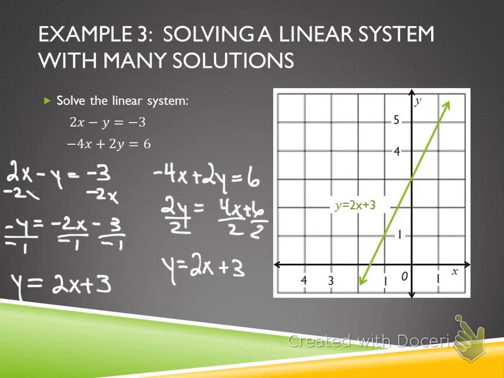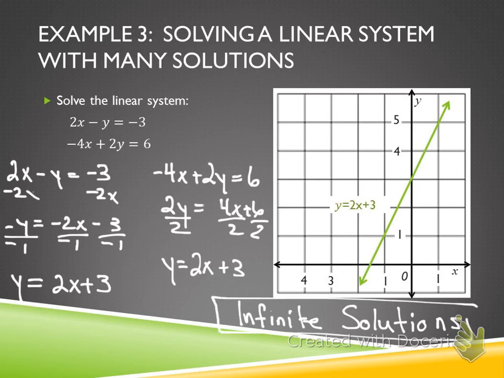So here's what this example is showing us. When I write my equations in slope-intercept form, and I have two equations that are exactly the same, I am going to have an infinite number of solutions. So if you ever have a problem like this where you have both equations the same, you are going to say infinite solutions. And it means this.